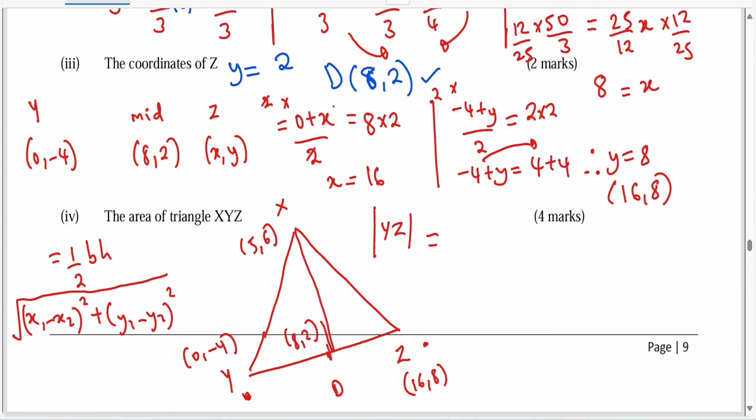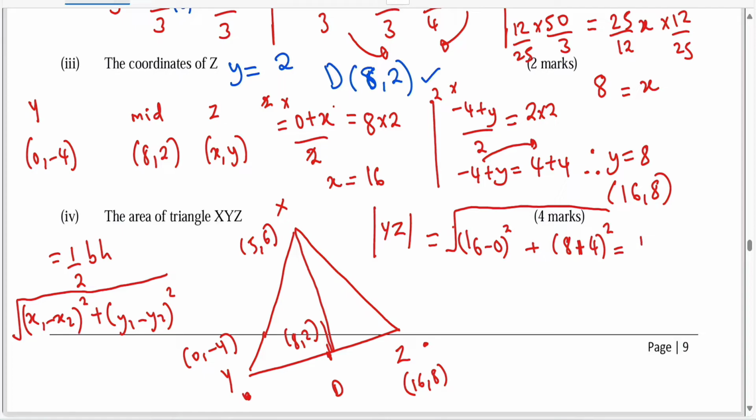So kutafuta hiyo YZ utachukua let's say Z ile 8, naanza na y, hapa nianze na x. Utachukua 16 minus 0 square it plus 8 minus 4, which becomes eventually 8 plus 4 squared, and then square root it.